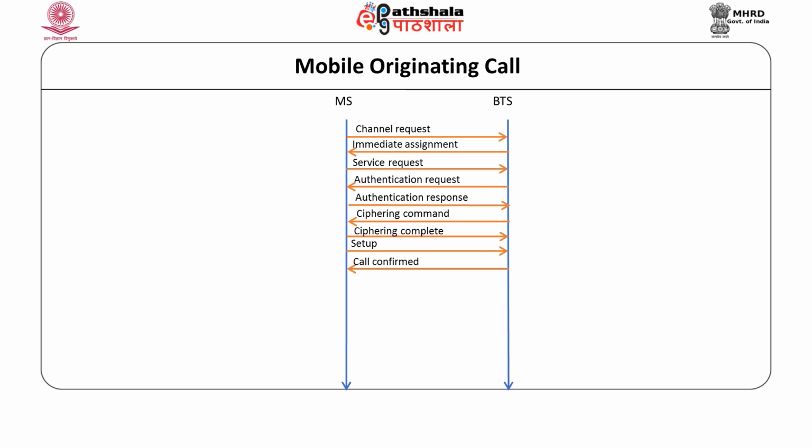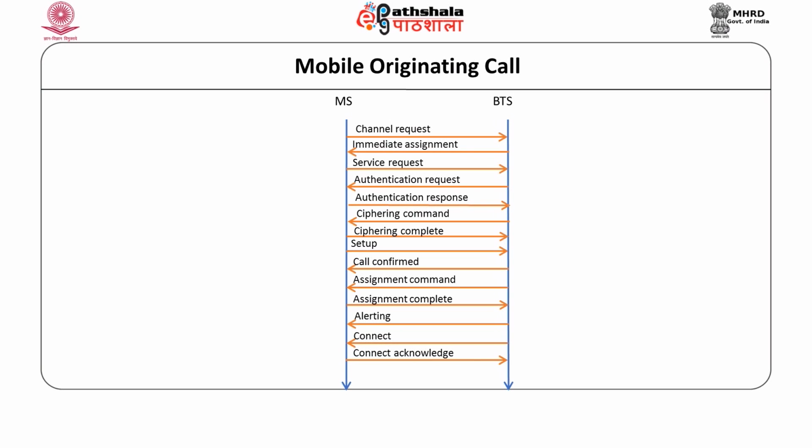After that, a call confirmed message by the BTS and the assignment of the traffic channel, alerting by the BTS indicating that the subscriber has received the call and has lifted it, that is, replied to the call by pressing the connect button, then the connect acknowledgement by the mobile station, and finally, the connection establishment is complete and data and speech exchange takes place.